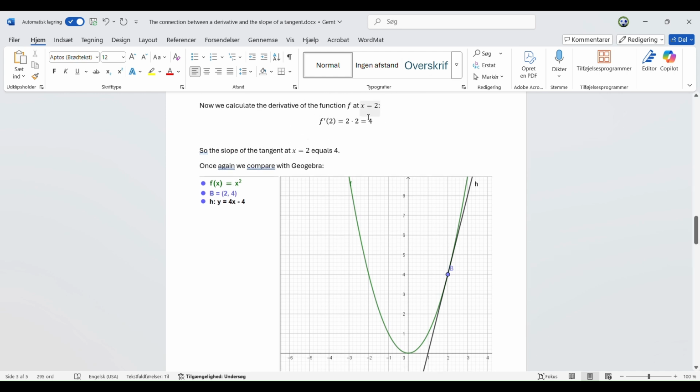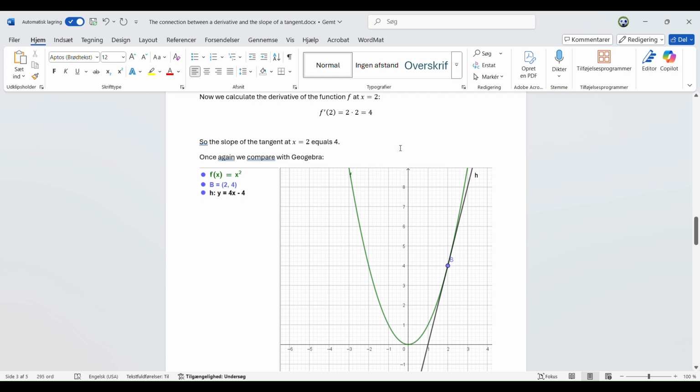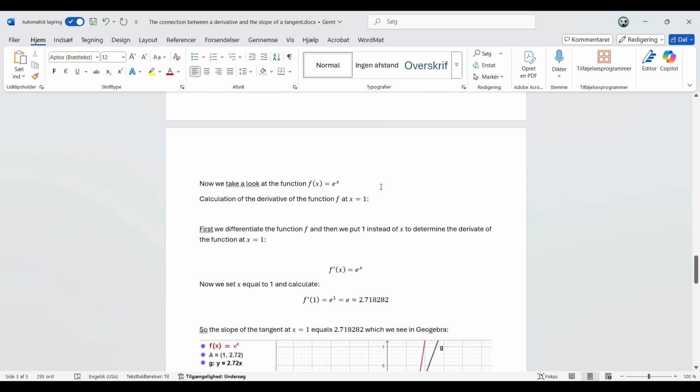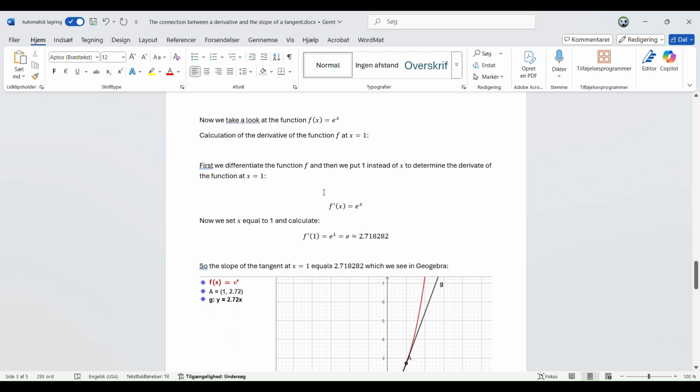That was what we calculated up here. So f prime of 2 equals 4, and that is exactly the 4 down here. So we can calculate the slope of our tangent without using a program like this, at specific values of x.